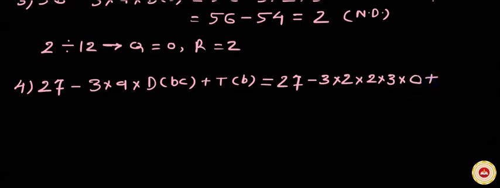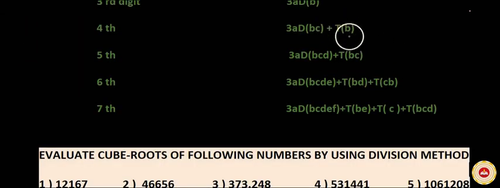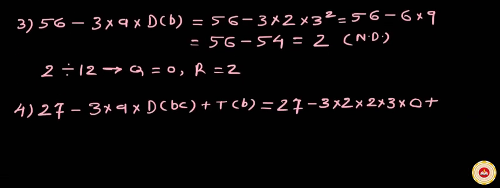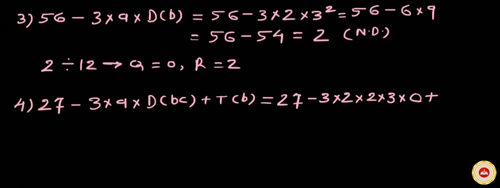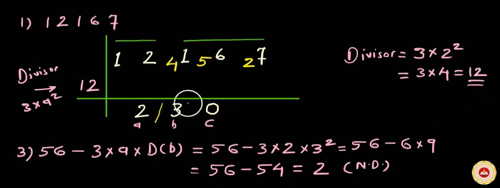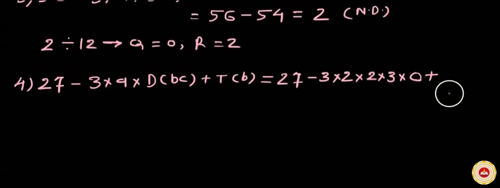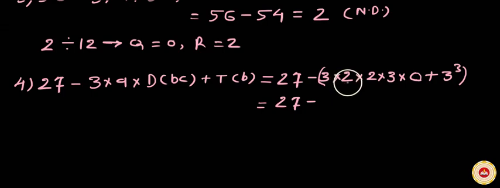Plus triplex of B. How to calculate the triplex of a single digit? Just cube that digit. B is 3, that means 3 cubed. Now 27 minus, we are going to put this in brackets. 3 multiplied by 2 is 6. 6 multiplied by 2 is 12. 12 multiplied by 3 is 36.